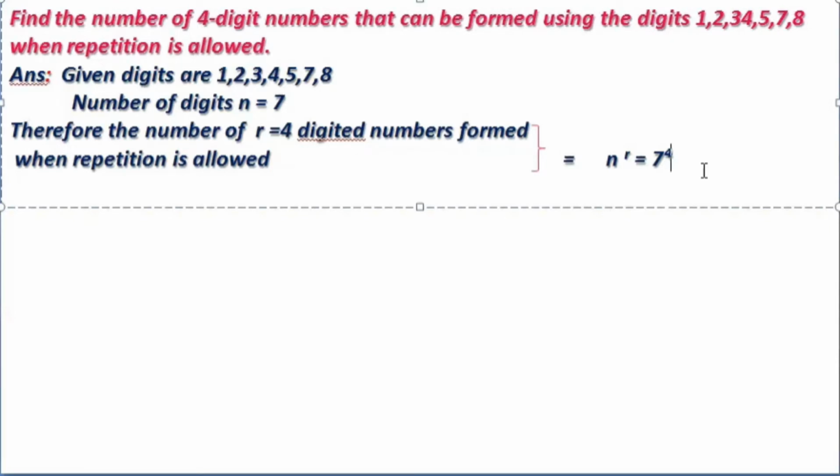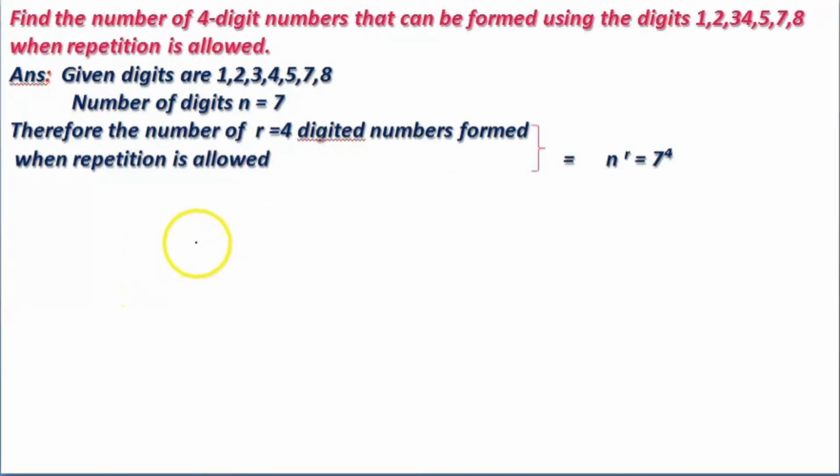You can look into the concept here. We can do it like this also. Look here. Four places must be arranged. Work one is arranging the first place. It can be done with 1, 2, 3, 4, 5, 7, 8 in 7 ways. Work is over.